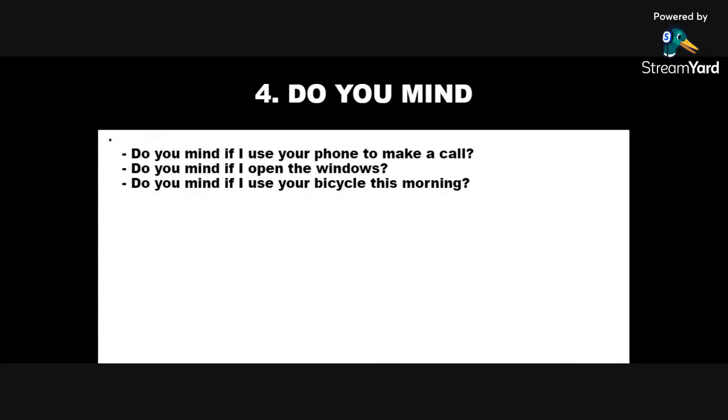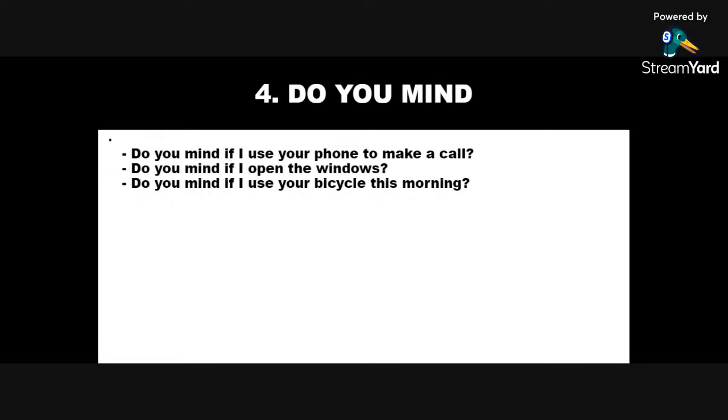For example, do you mind if I use your phone to make a call? That may be a kind of inconvenience to the person who owns the phone. He might want to use the phone at that particular point in time, and you are asking for permission to use the phone, so that might inconvenience him in one way or the other. So, do you mind is a polite way of asking permission in such a situation.